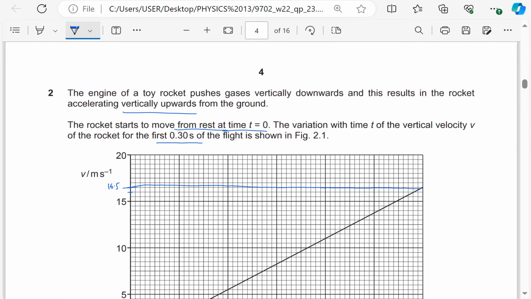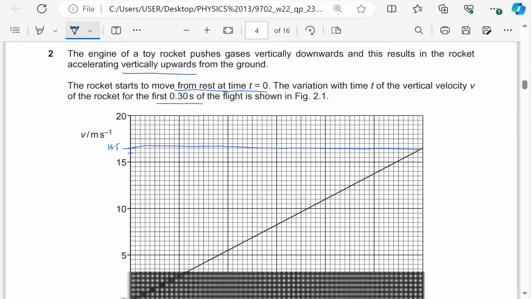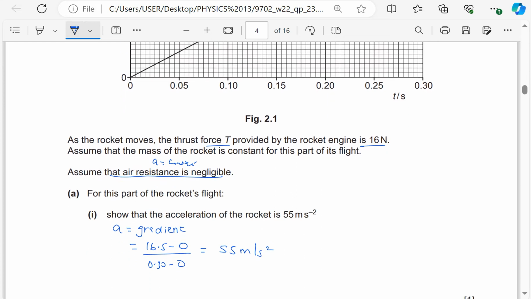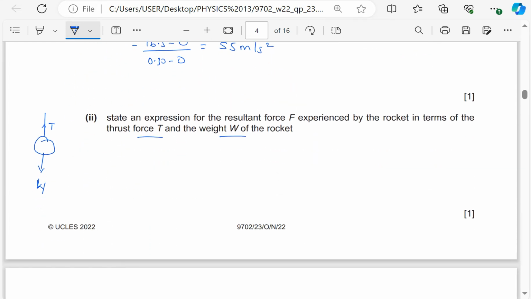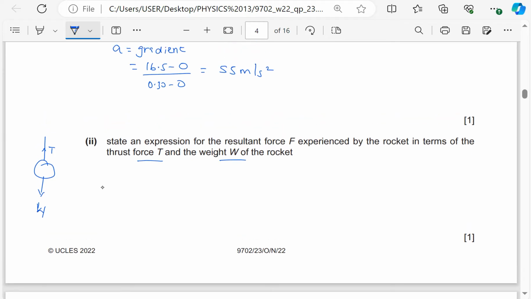Assuming the weight is downwards and the thrust force is upwards, I would say the resultant force F could be the weight minus the thrust. The resultant force is the difference between these two forces.